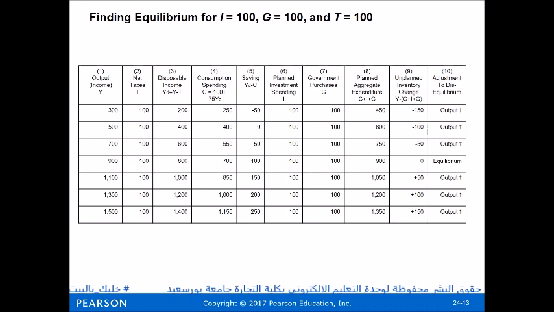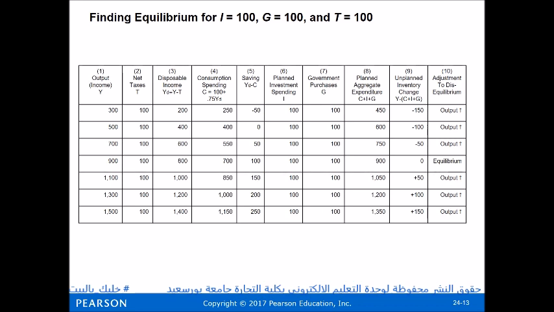As we can see from the table, column 1 gives output, or specifically before tax income, and it starts at a level of 300, then 500, 700, going up to 1,500.